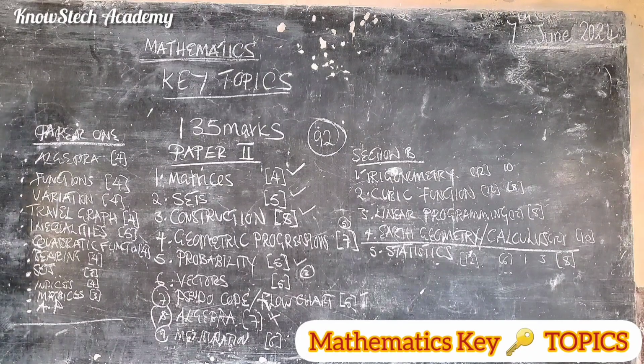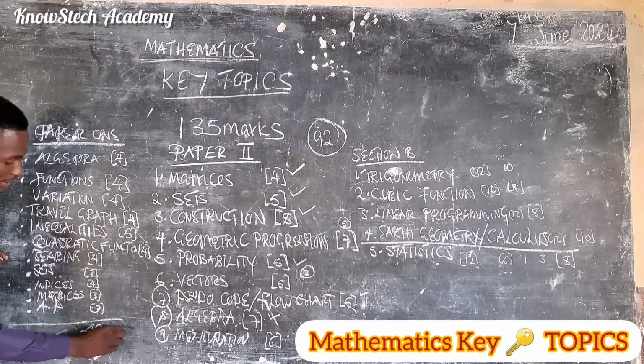This one is 3 marks. Add 3. So paper 2, 42 marks.